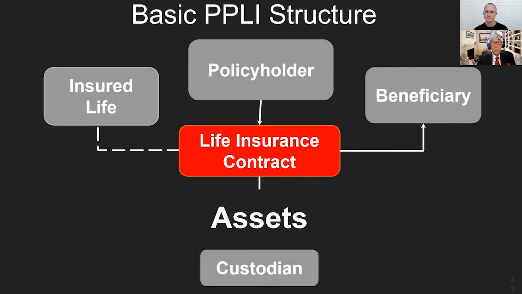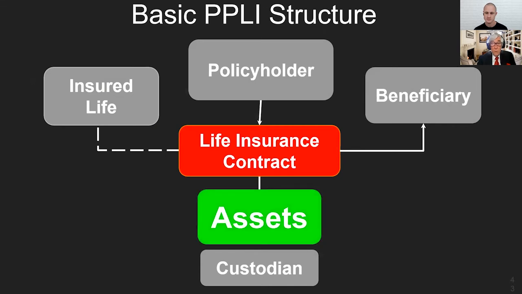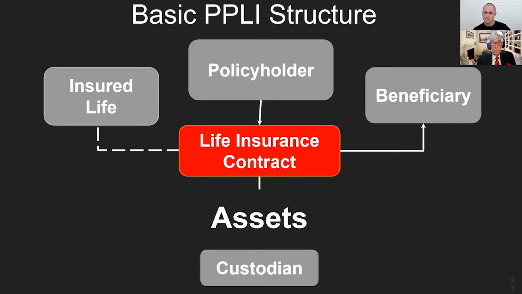Again, the policyholder is the company. The insured lives are key executives of that company. The beneficiary is a trust, and the assets are the real estate holdings. So all these are possible with PPLI structures.